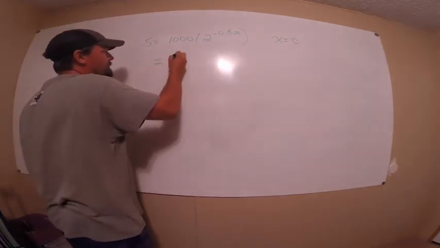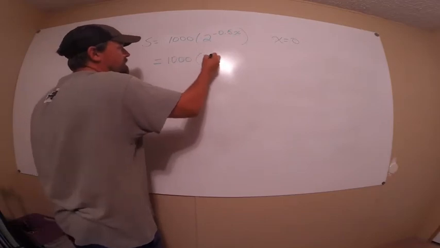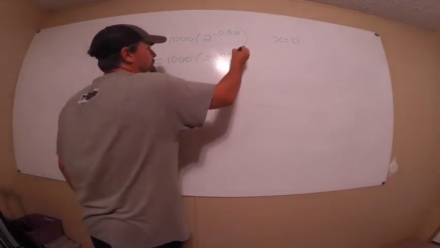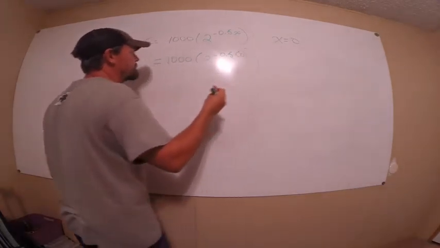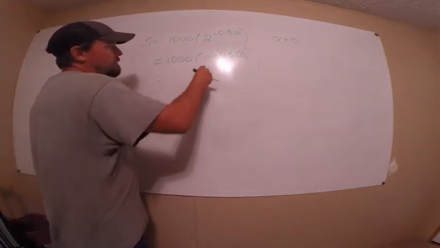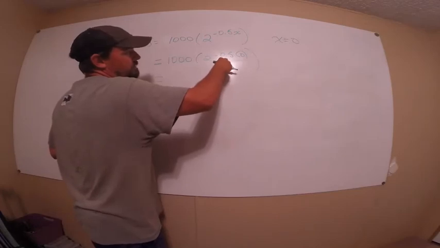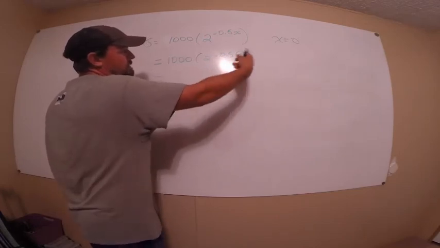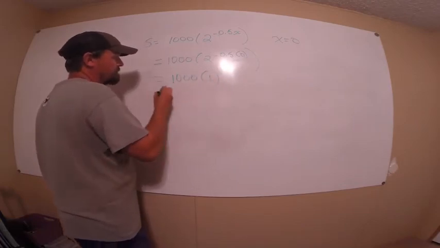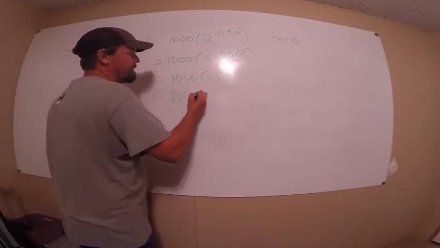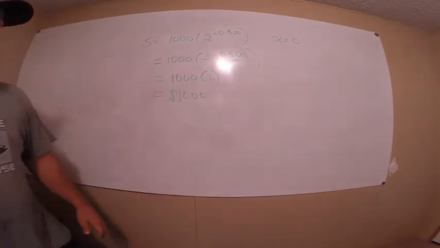So I get 1,000. Just gonna plug it in. Oh, sorry. 0 goes here. So 0.5 times 0 is 0. 2 raised to 0 is 1. So at the end of the advertising campaign, sales is $1,000.